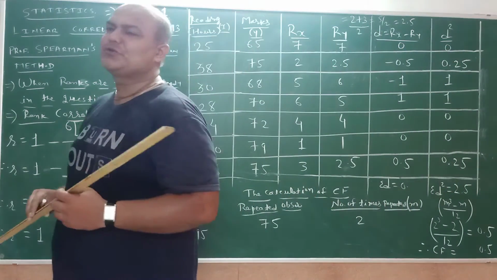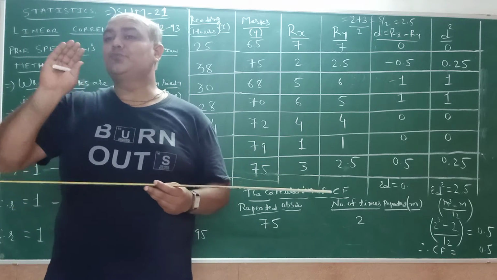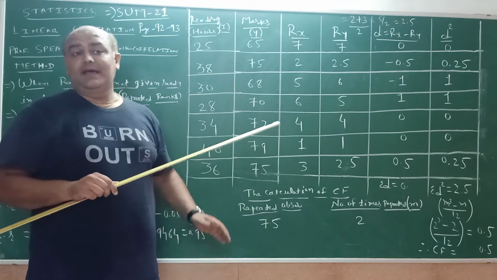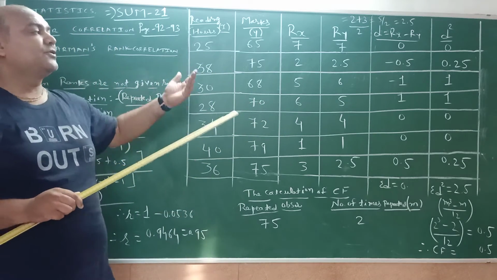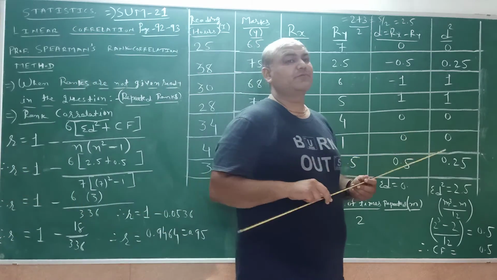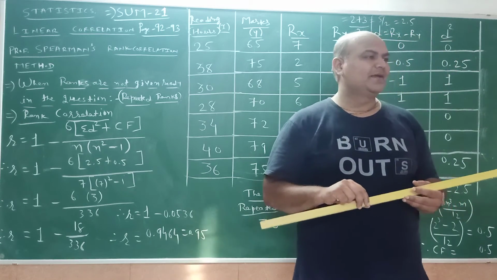Students, by this way we are able to provide the ranks to the observations, and for repeated observations also, we apply the correction factor, that is CF, in this particular sum.